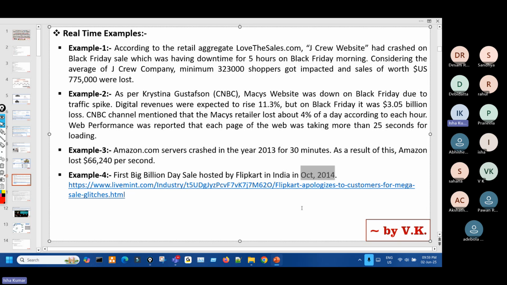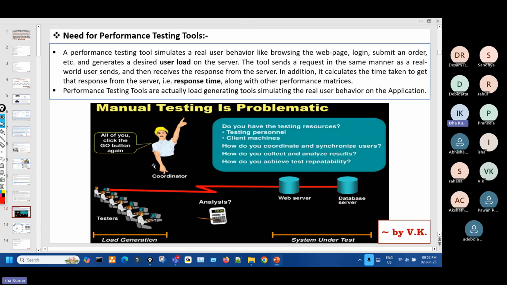That is where these tools come into the picture, because if you have an application, you cannot bring the real users. That we have to understand. You cannot bring so many real users. Suppose 500 or 1,000 you can get from somewhere, but suppose you have to test it for 5,000 users, 10,000, 20,000, 1 lakh users.